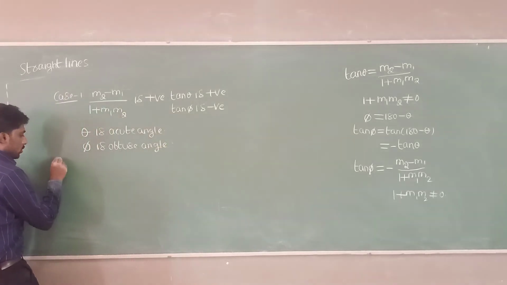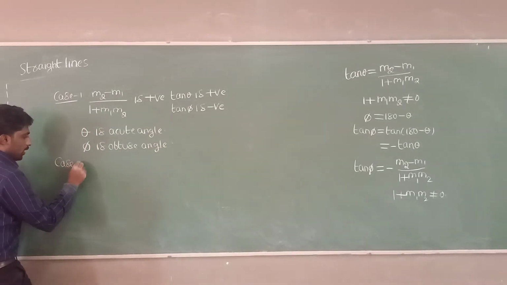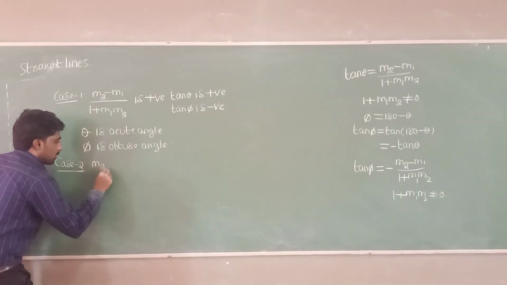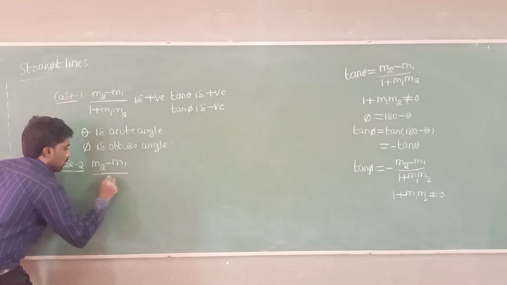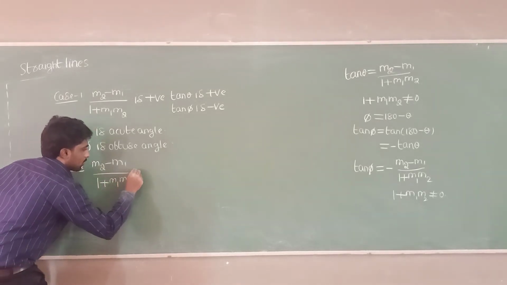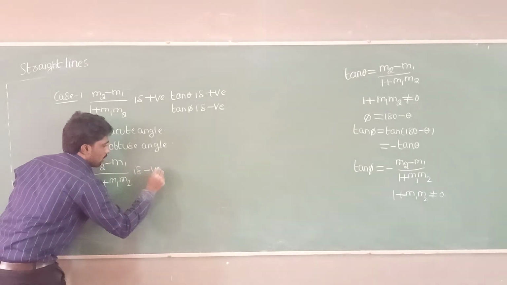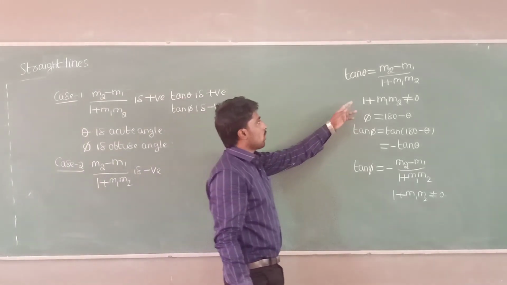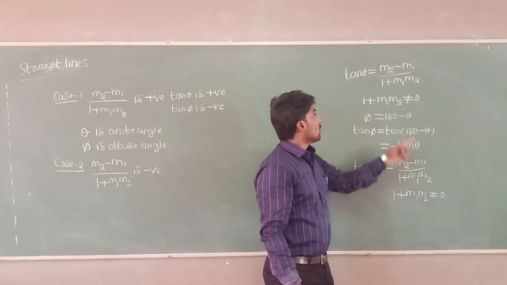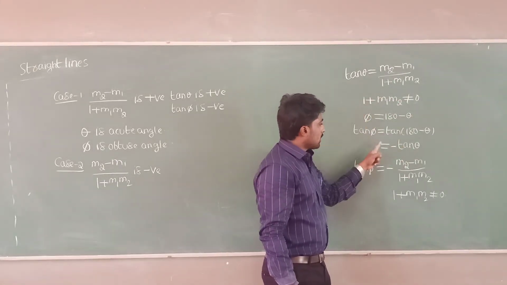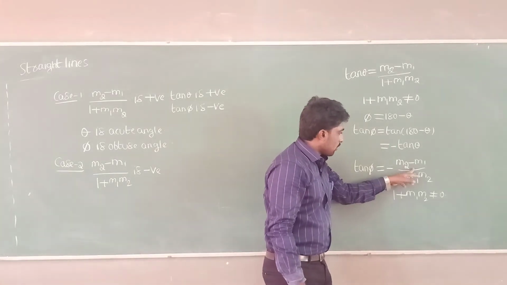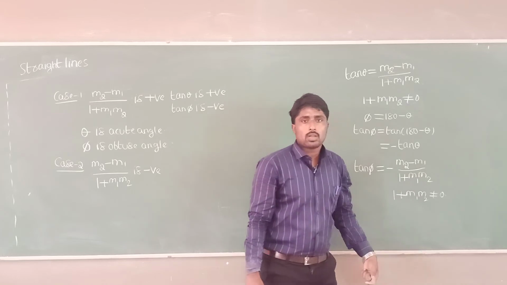Next, case 2. Suppose m2 minus m1 by 1 plus m1 m2 is negative. Then tan theta, which equals this value, is negative. Since there is already a minus sign in tan pi and this value is negative, negative into negative becomes positive.